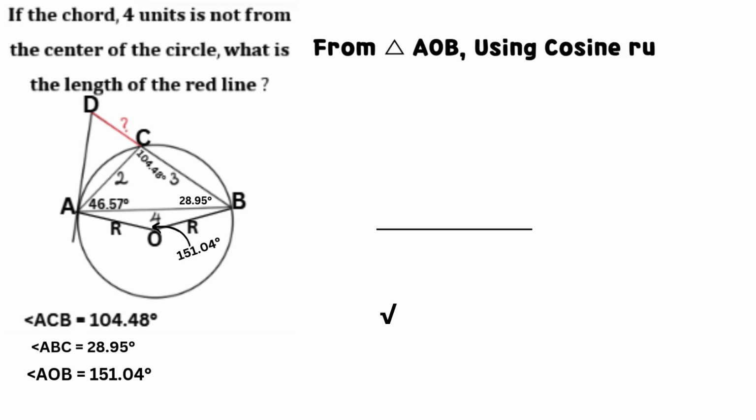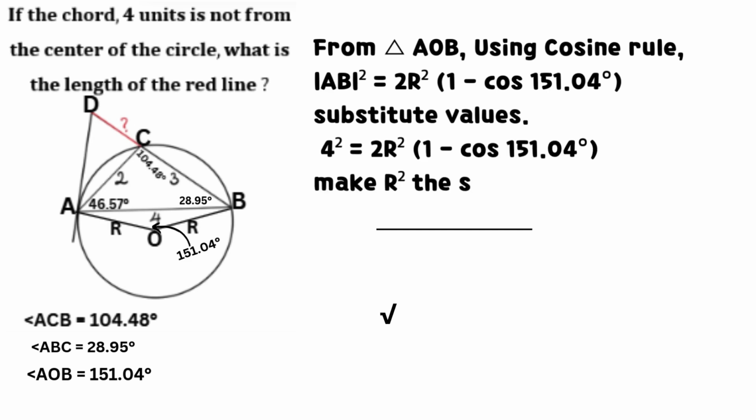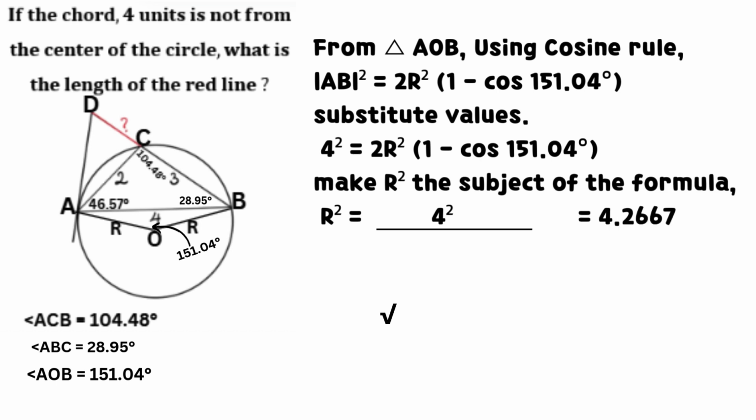From triangle AOB, using cosine rule, the square of line AB equals 2 times the product of the square of r and 1 minus cosine 151.04 degrees. Substitute values and we have the equation shown on the screen. Make the square of r the subject of the formula.